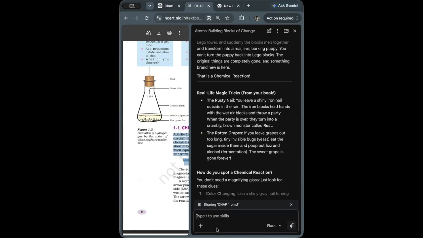Then you can tell it, make flashcards or ask me all the questions that can be asked in the CBSE examination of, let's say, grade 10th. So it is going to give you all the flashcards for the past 10 years' questions and past 9 years' questions that CBSE has. So this is a quick way to understand which chapter is being tested with what type of questions.